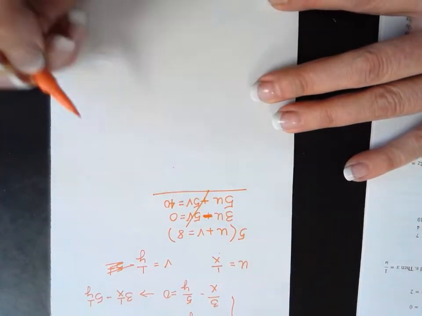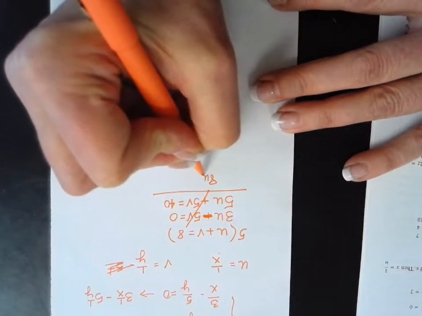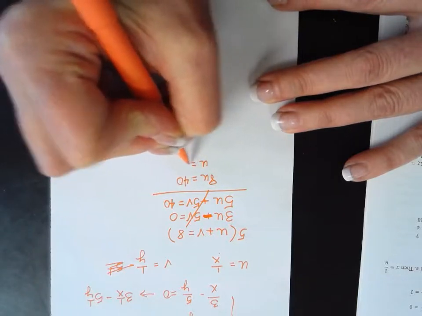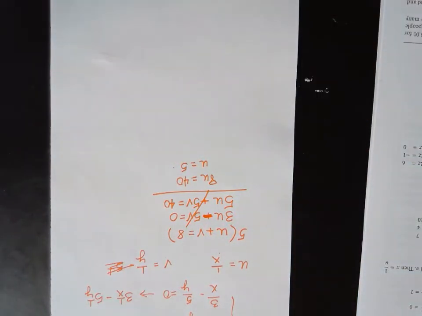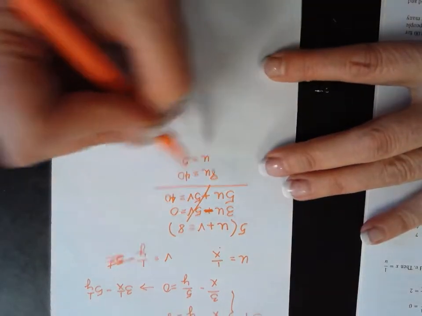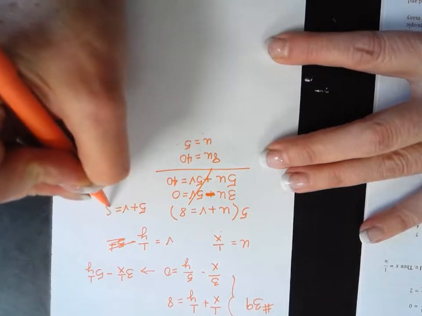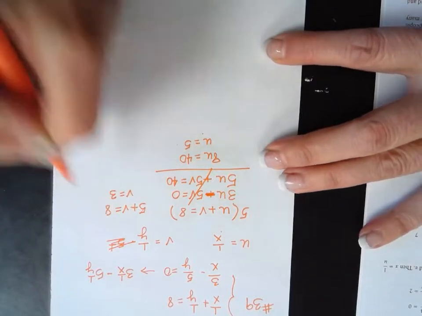And then my 5's cancel, and so I get 8u is equal to 40. And so u is equal to 5. Now, if I put 5 back into my first equation, I'm going to say that v is equal to 3.